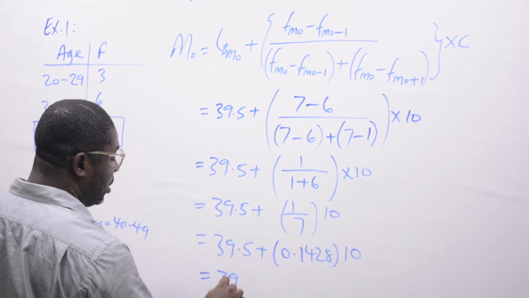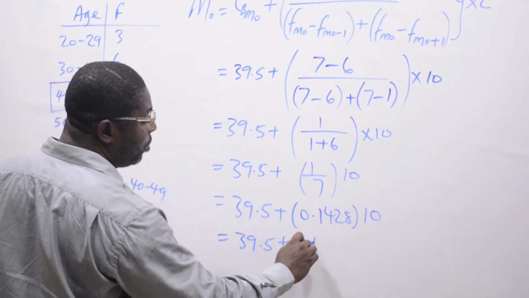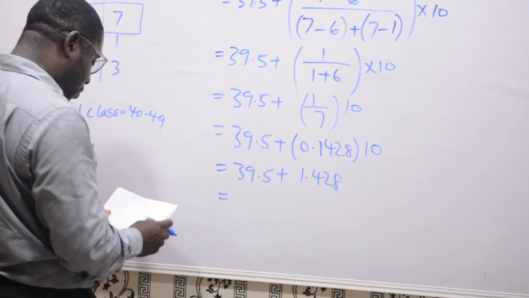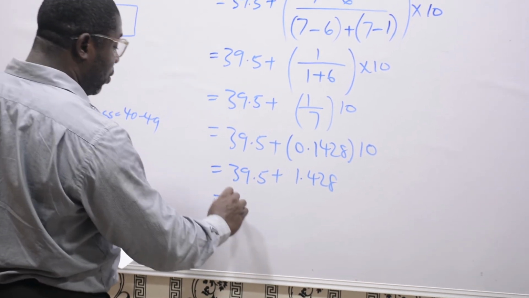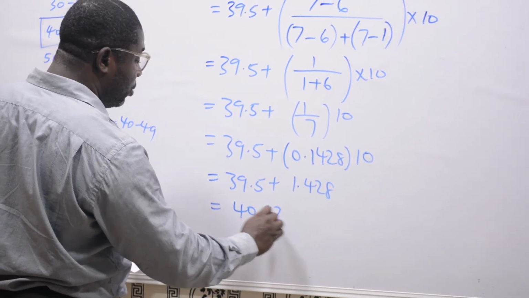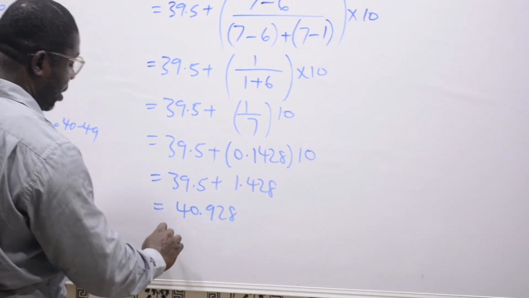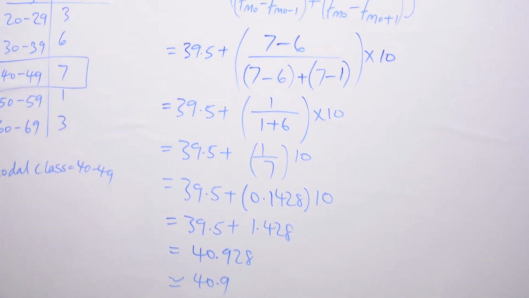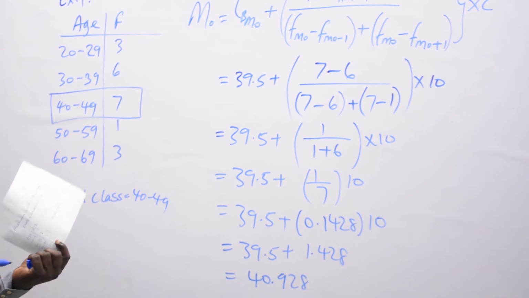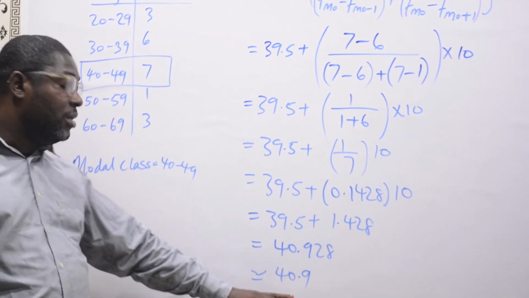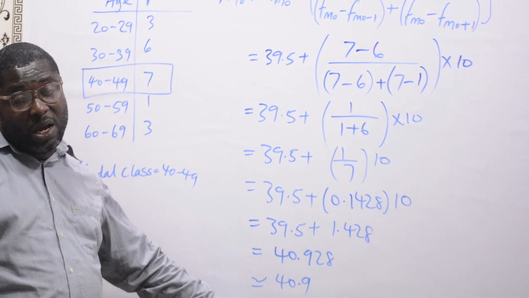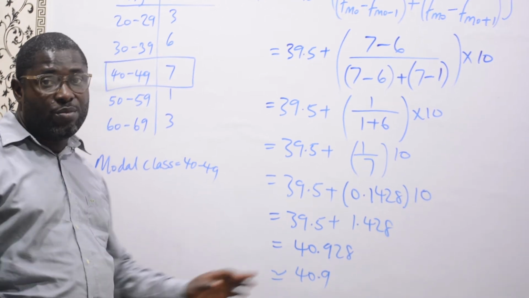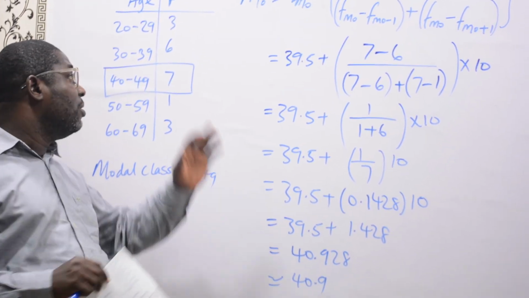This will give us 39.5 plus 1.428. And 39.5 plus 1.428 will give us 40.928, so approximately 40.9. So the modal value for this class is 40.9. Maybe you can write approximately 41, but 40.9 precisely is the mode.